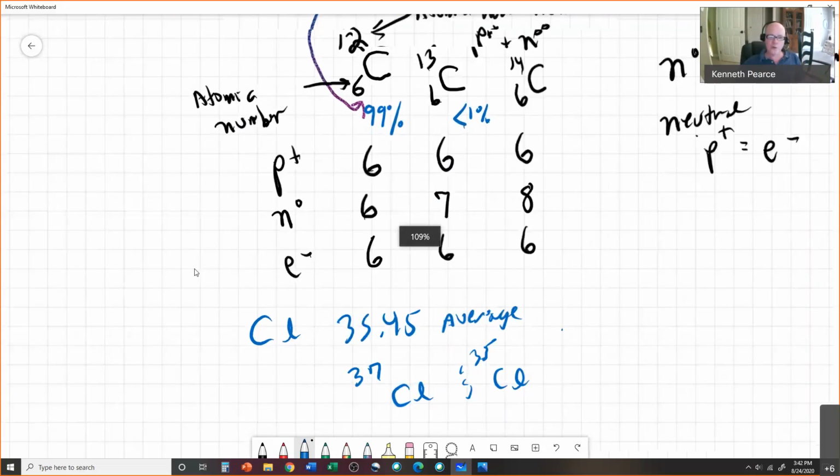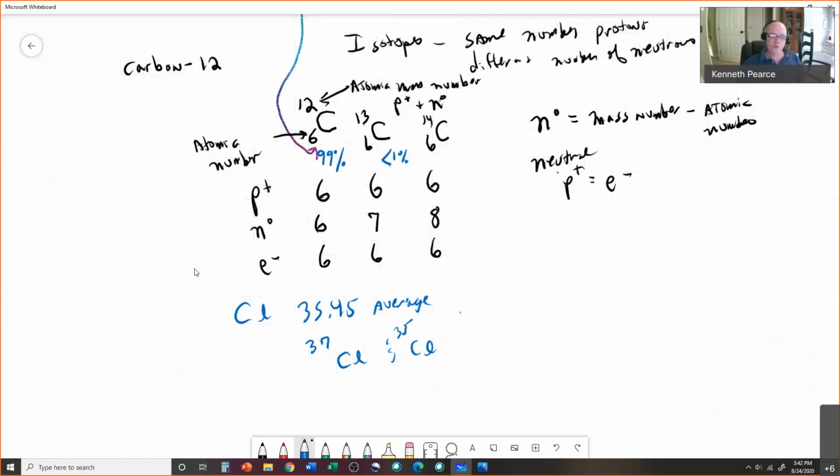It turns out there are two isotopes with chlorine, and you have some elements that have 4 isotopes naturally occurring. You have some elements which have only one. Fluorine, for instance, letter F, has one naturally occurring isotope. An isotope just means the same number of protons, but a different number of neutrons.